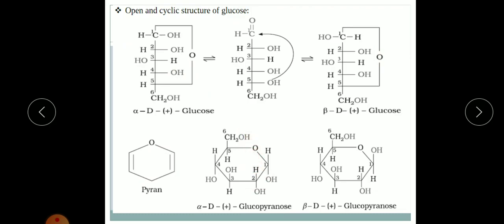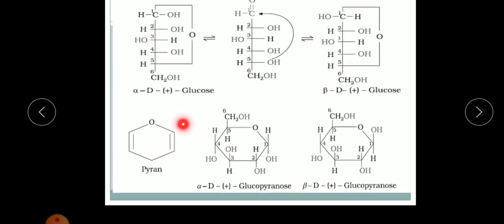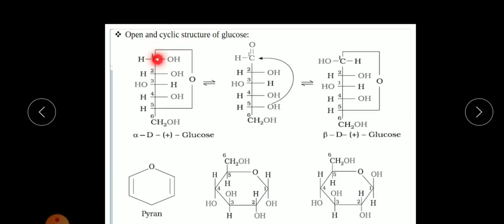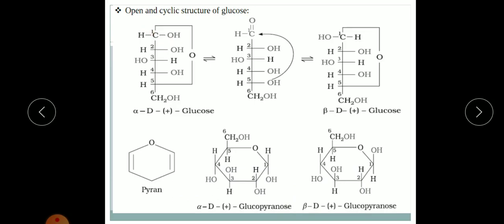What we have drawn first is the general pyran structure, where we have a 6 membered ring with an oxygen atom. After that we have numbered it 1, 2, 3, 4, 5 and 6.